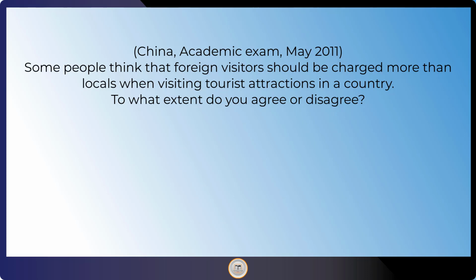I've told students before that a good strategy to follow is to not try to answer in the middle of agree or disagree. So what I mean by that is, don't write a response that maybe 50% is agree and 50% is disagree, because these kinds of responses are difficult to write, and it only heightens the chance that you're going to make a grammatical or a structural error in your writing.